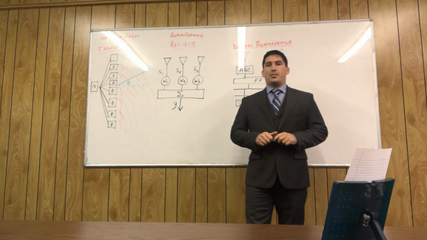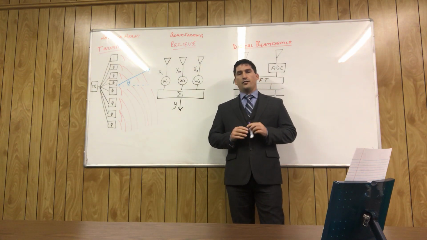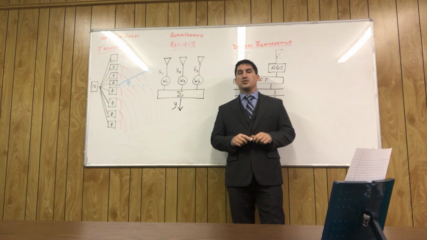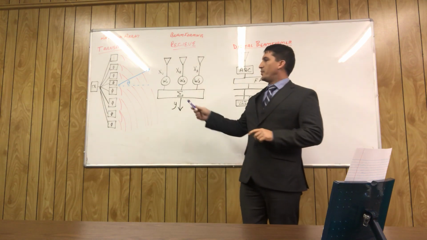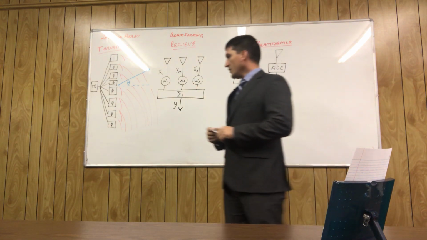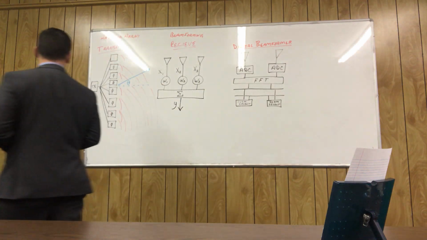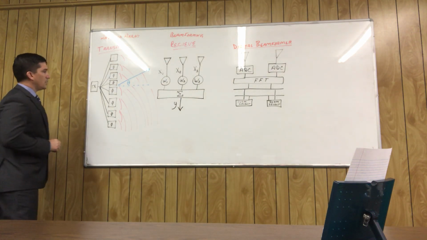Beamforming requires the application of either an antenna array or a sensor array. As depicted over here in figure 1, we have an antenna array that is used for transmit purposes.